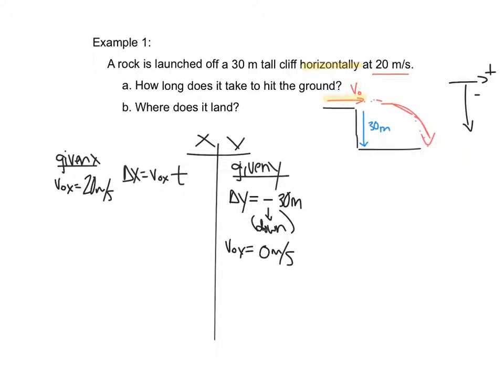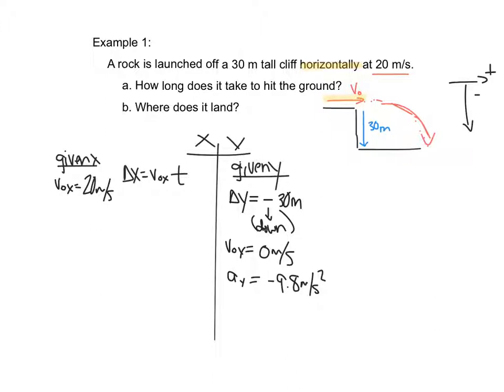So at this point, we've got 3 pieces of given information, but there's of course one more that we always use, and that is the acceleration due to gravity, or the acceleration in the y direction, depending on how you want to notate that. And that is going to be negative 9.8 meters per second squared. Again, the negative meaning that it's going down, just like our delta y. So this is really what we have. Okay, we've got 3 givens in the y and only 1 in the x.